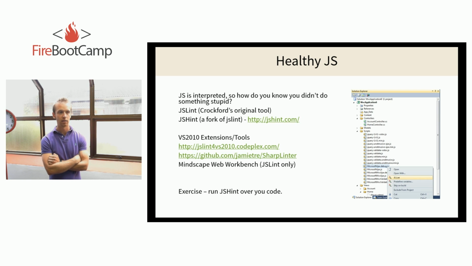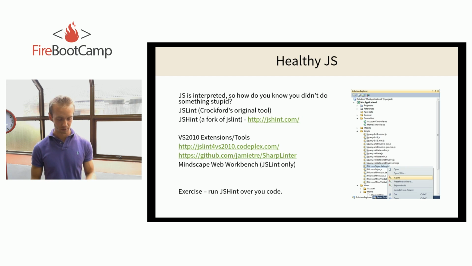It's kind of like a compiler / checker. It's fairly opinionated, perhaps a little bit too much to be actually practical. So there's a fork of that, or the same sort of concept called JSHint, which is a friendlier, more pragmatic version of verifying your JavaScript.